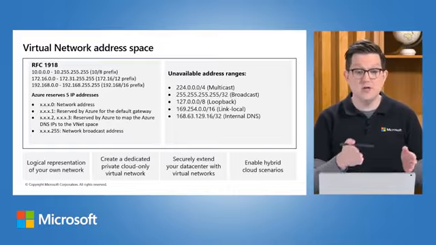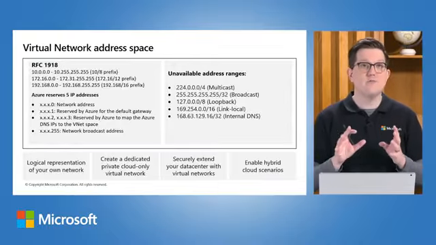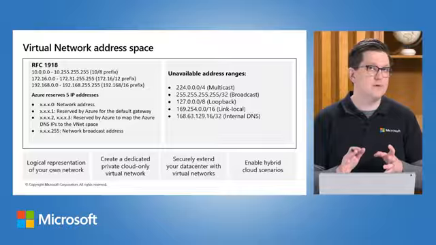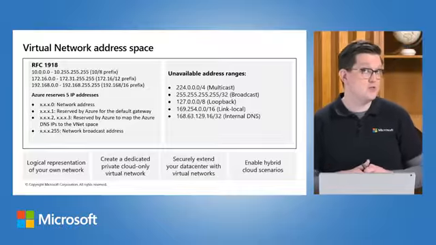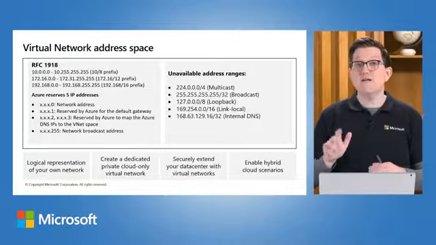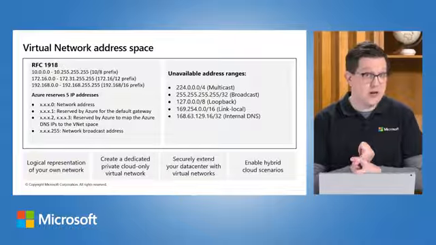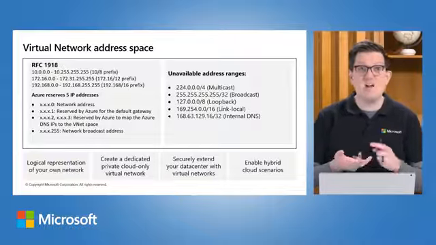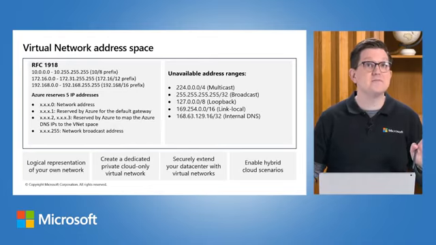And to that token, even the reserved IPs, we require 5 reserved IPs in your environment. Now, this is going to be for each subnet you create, not just at the virtual network level. 3 of those are common networking things. First address, .0, will be the network address, .1 will be the default gateway, and .255 will be the broadcast address. Standard networking stuff.